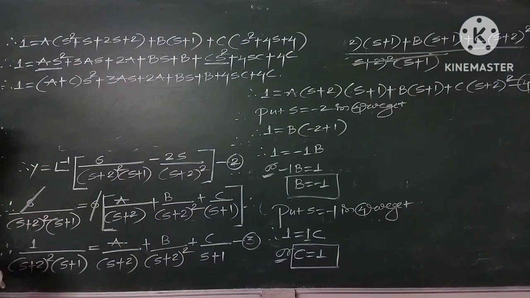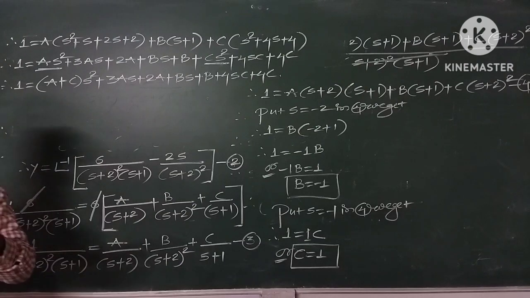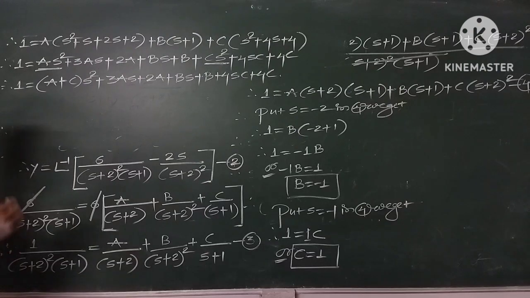Now, after writing these all, you equate the coefficients of s square on both sides. See, we are having only one constant here. We are not having an s square term or an s term. When you don't have s square and s terms on the LHS, the coefficient of s square and s is 0.